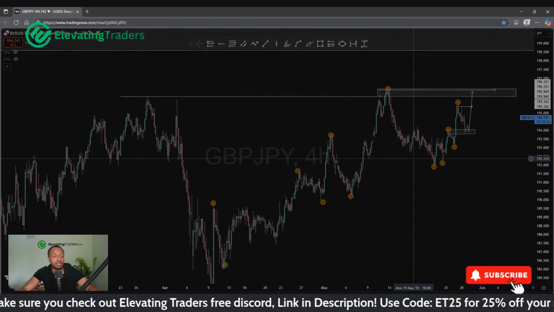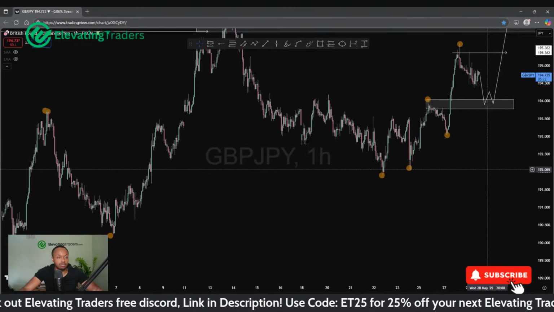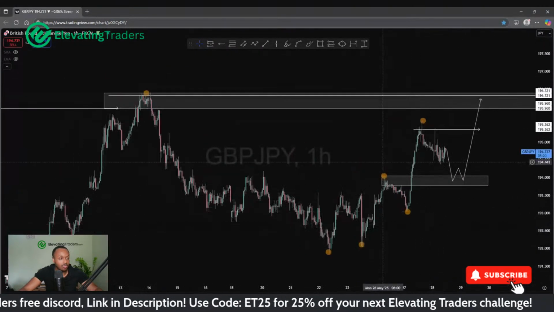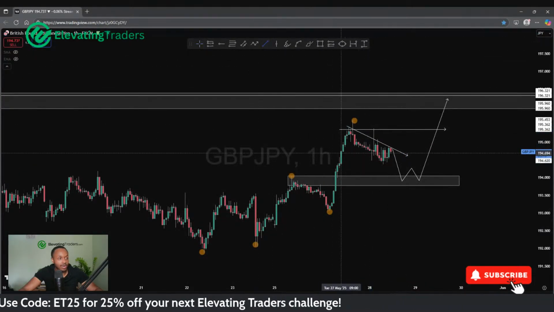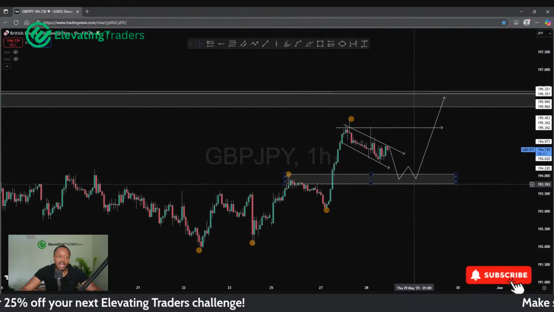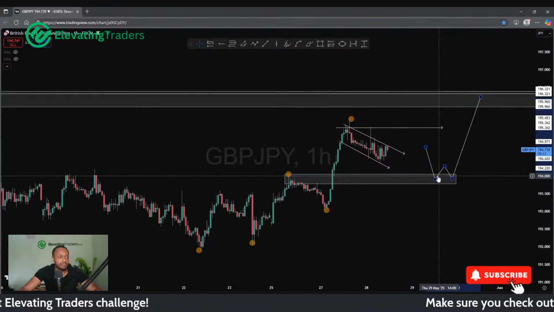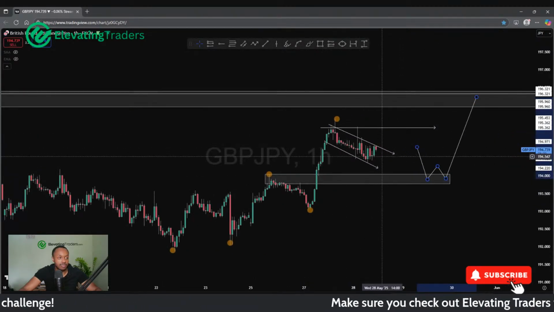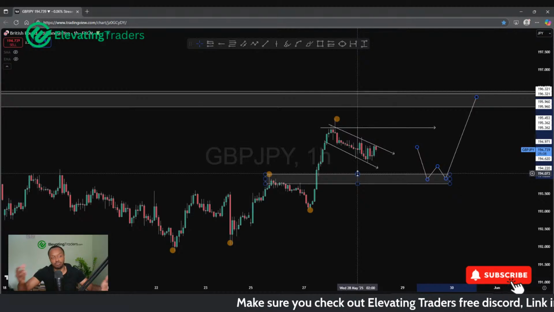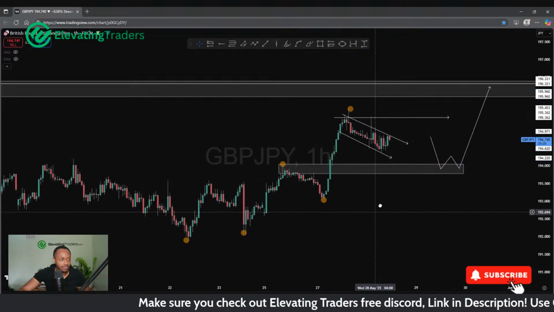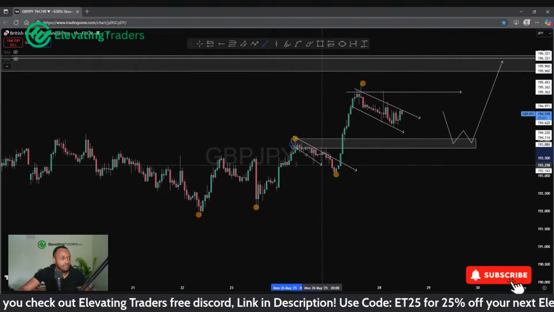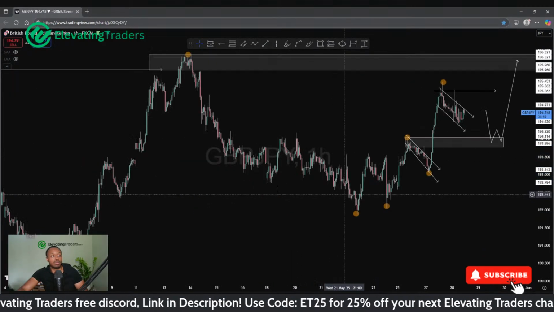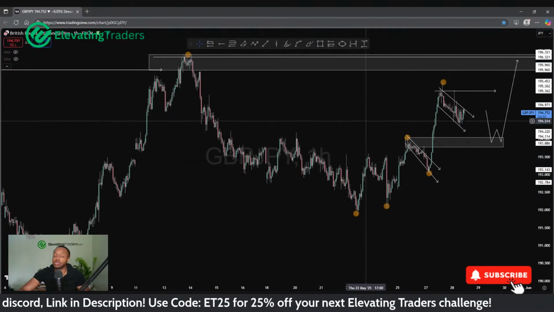It doesn't always have to be completely symmetrical, but a bull flag is essentially price giving you a very corrective pullback against the trend. Essentially, there's your momentum, there's the flag, there's your channel. More or less, that's your bull flag pattern. You can very much argue that this is a bull flag as well. And bull flag patterns are probably one of the most common patterns you will see in the market.